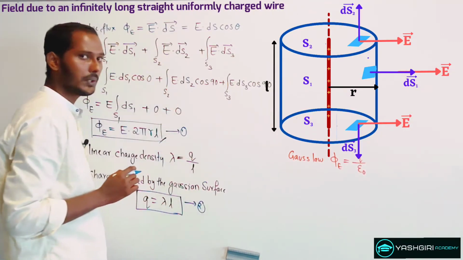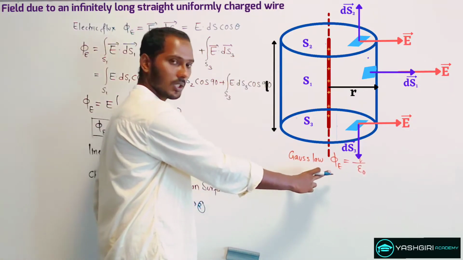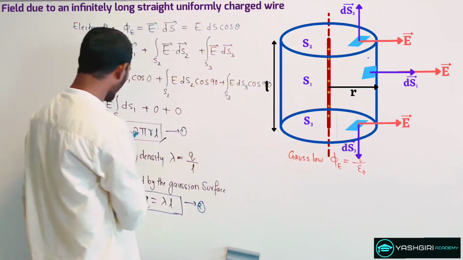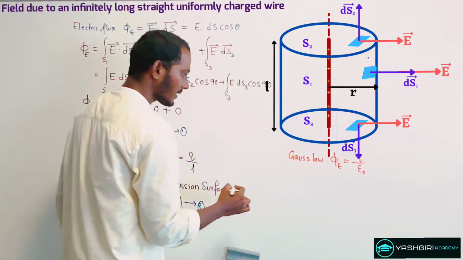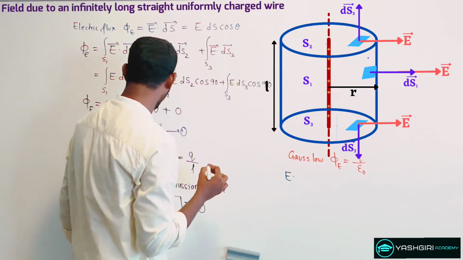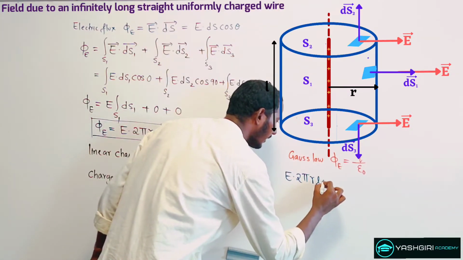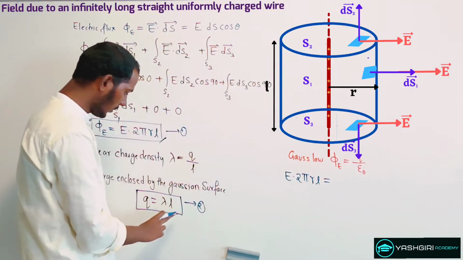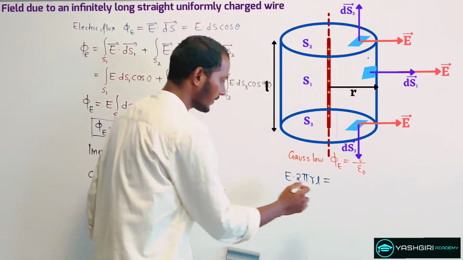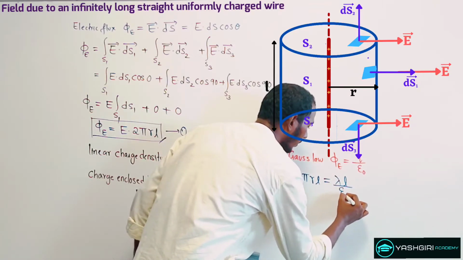And now what I'll do is substitute equation 1 and equation 2 in this Gauss law. So the left hand side, what I am getting is E into 2πrL, which is equal to Q, the charge enclosed by the Gaussian surface, that is lambda into L upon epsilon naught.